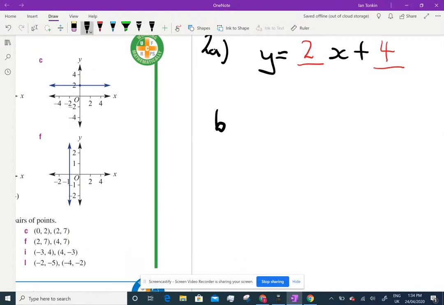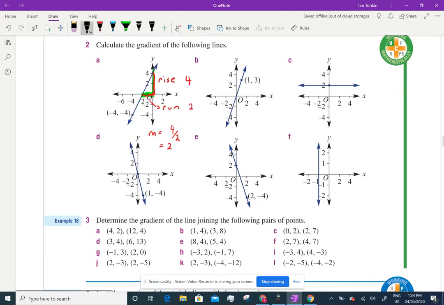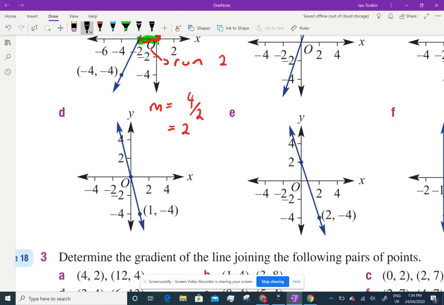So 2b. Again, all I have to do is draw a right-angled triangle. It doesn't matter where I draw it. I could draw it here, or I could draw it here, as long as I know the rise over the run. So here it goes up to that point there, 4, and it goes across.